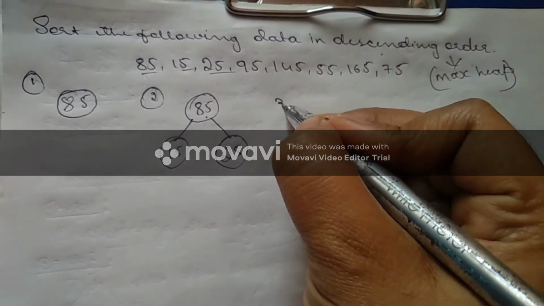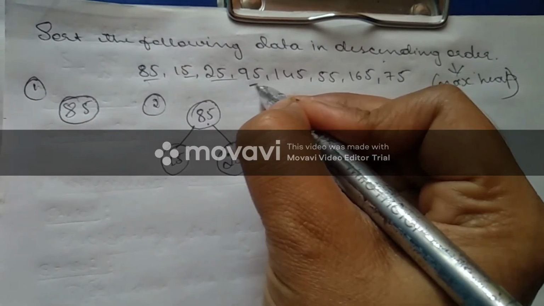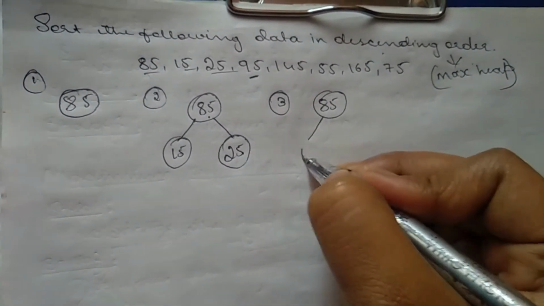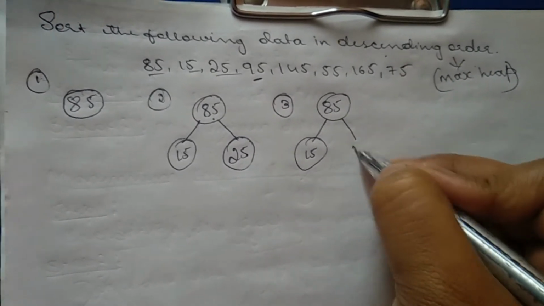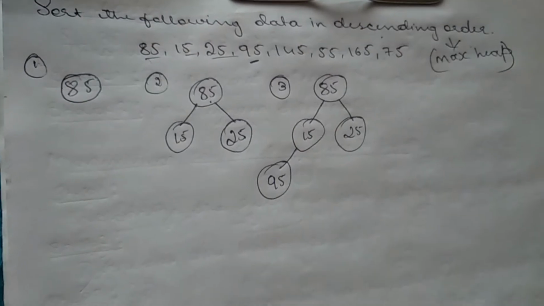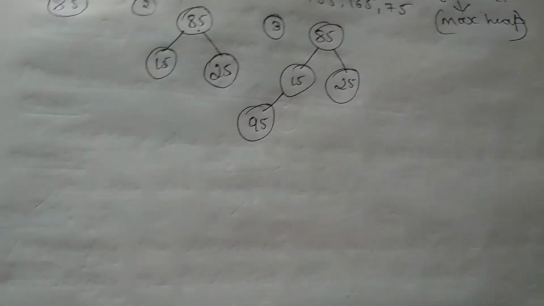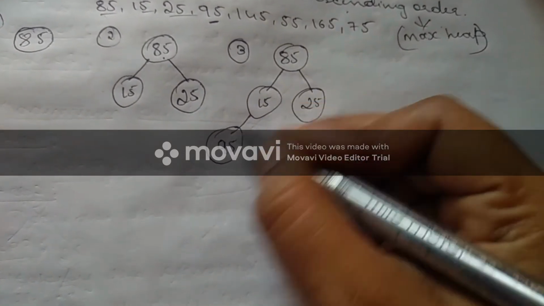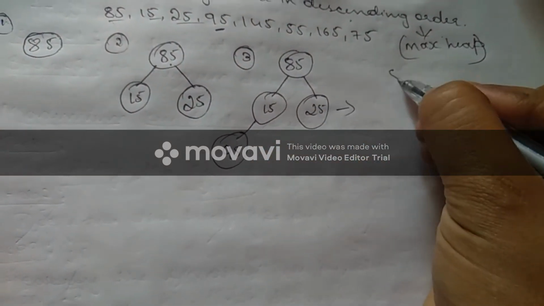Again, I'll go for step 3. Which is the next element? 95. So I'll take 85, 15, 25. Towards the left of 15, I have to take 95. See here, is it satisfying the parental dominance? No. So 95 and 15, I'll exchange.